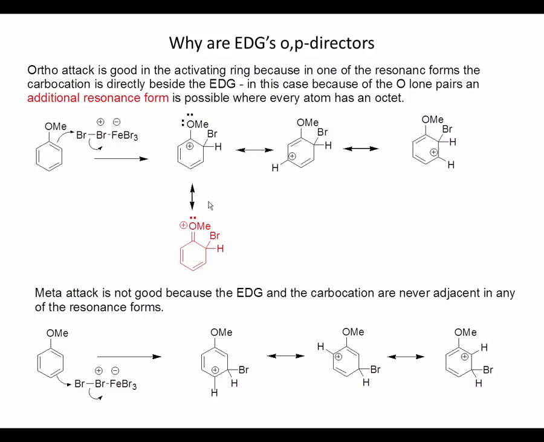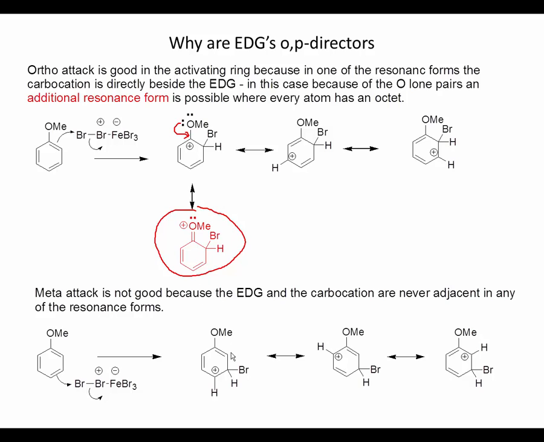That's this one, okay, right here, because this one arises from the lone pair donating to the carbocation, and this resonance structure has an octet at every atom. So this is probably the only one that you can say that for, okay? So attack at the ortho position leads to a really nice resonance form shown here.